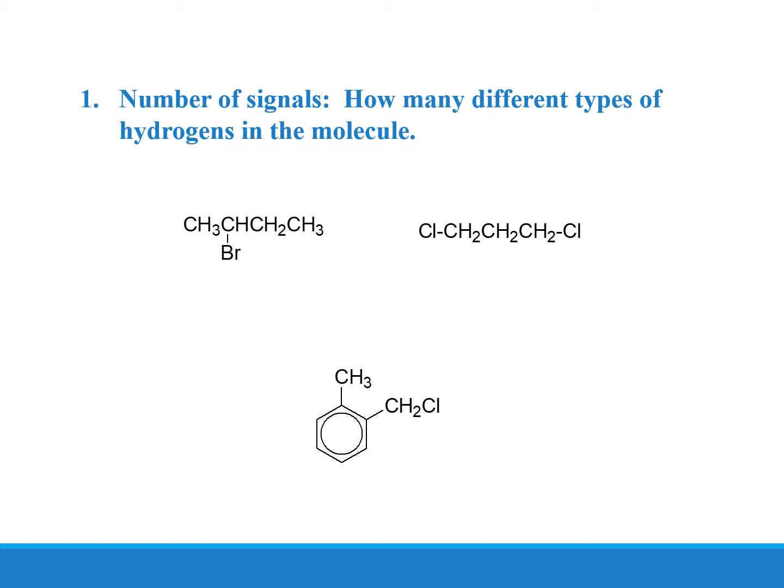And for the structure at the bottom, which is a methylene chloride, ortho-methylene chloride toluene, looking at the structure, you can see that the protons in the methylene are very close to chlorine, and they will have different chemical shifts compared to the methyl group.